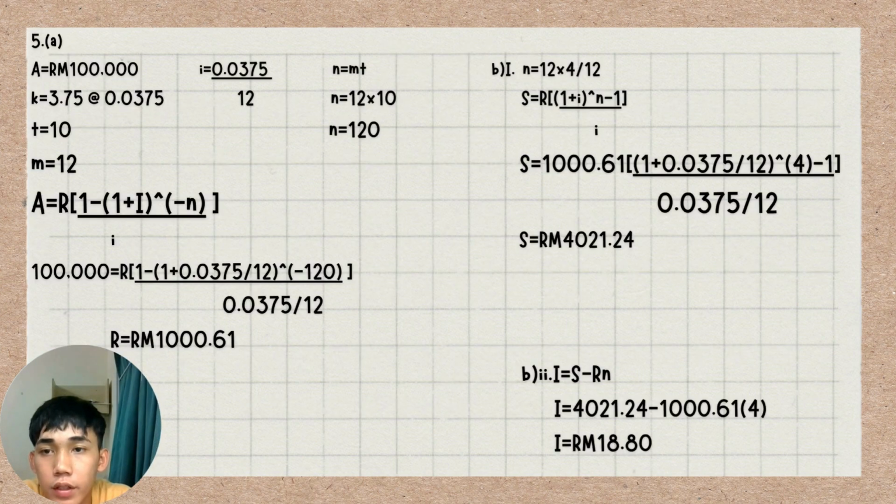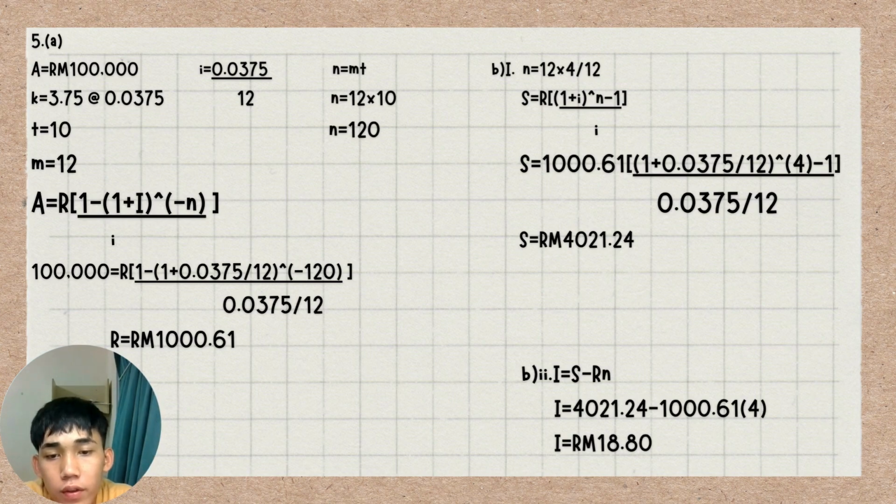First, to solve question 5A, we need to find out all of the information given in the question. As you can see here, the value of A is 100,000 ringgit, and the value of K is 3.75, that we should change into 0.0375. The question also gives us the value of T, it is 10, and the value of M, it is 12.